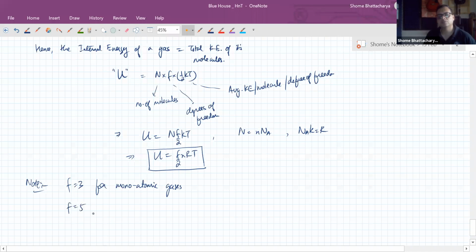F is equal to 5 for diatomic gases, unless at extremely high temperatures, resulting in vibration.